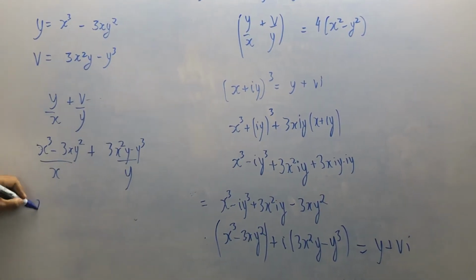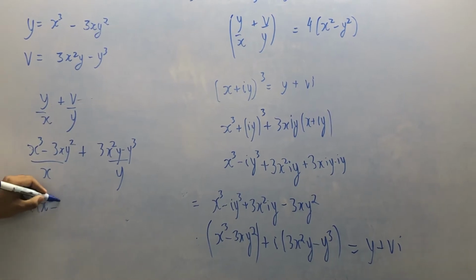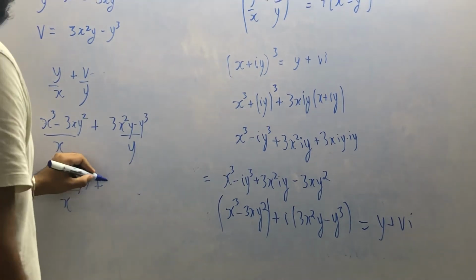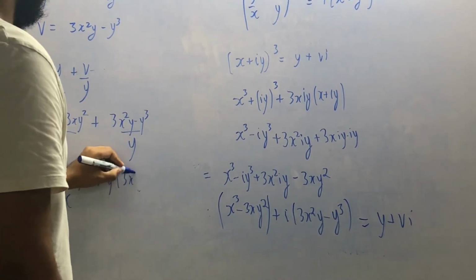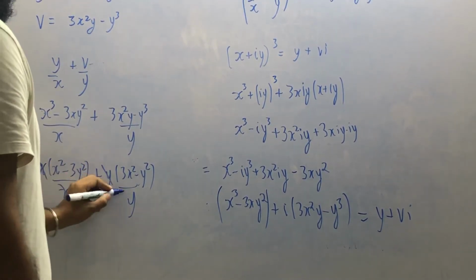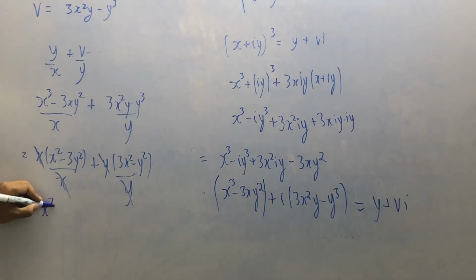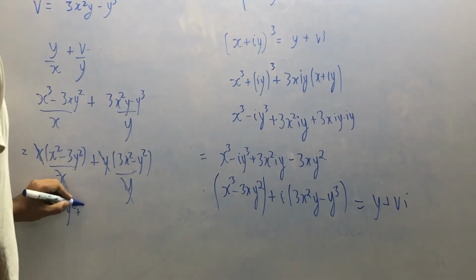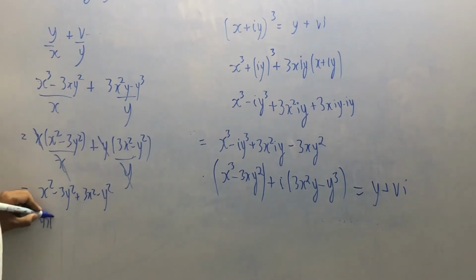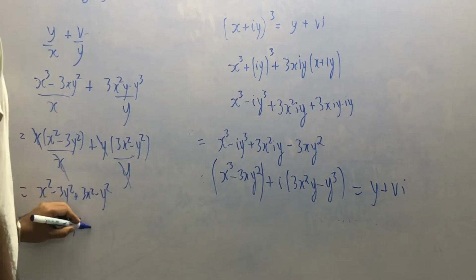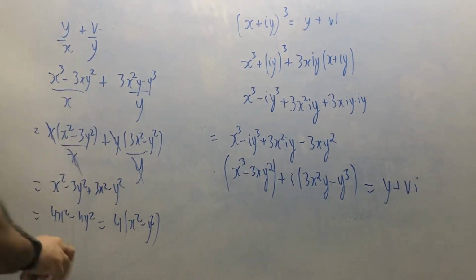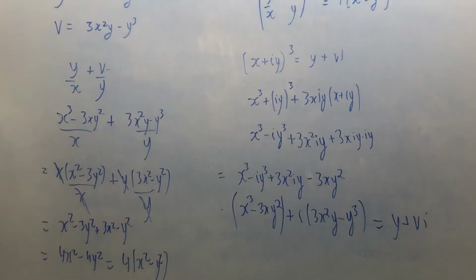Okay, so here x is common, so x square minus 3y square, plus 3x square minus y square, since x and y cancel. So 4x square minus 4y square, or 4 into (x square minus y square). So LHS is equal to RHS, hence proved.